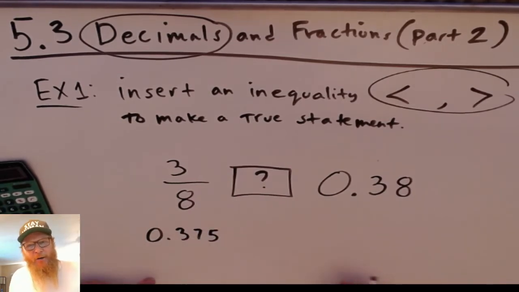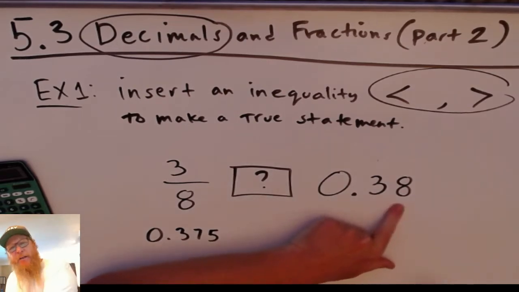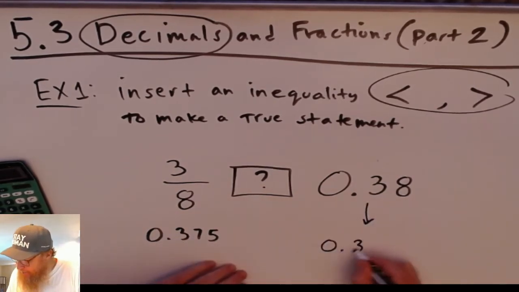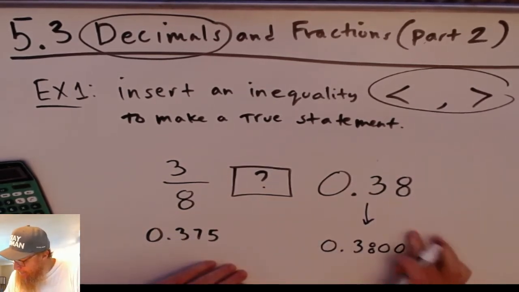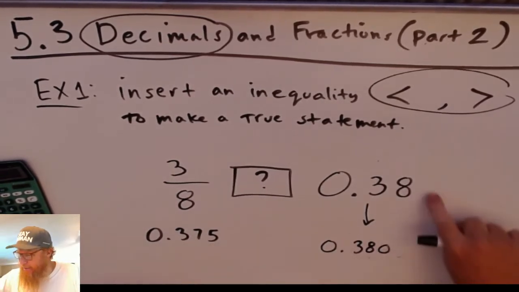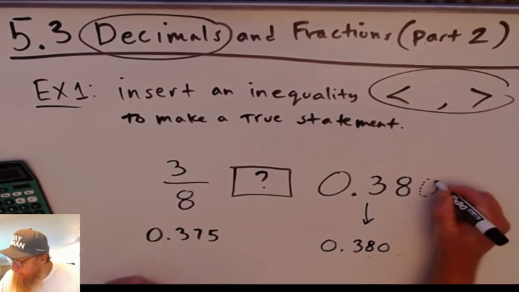Okay, so this is 375 thousandths, and this is 38 hundredths. Well, 38 hundredths is the same as 380 thousandths. There's an invisible zero here.